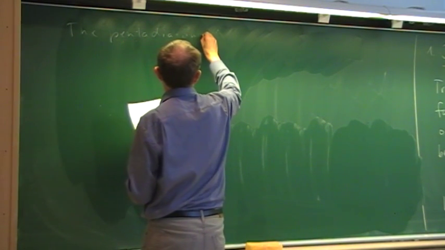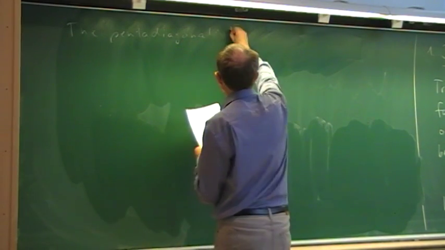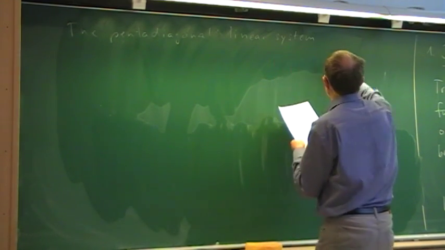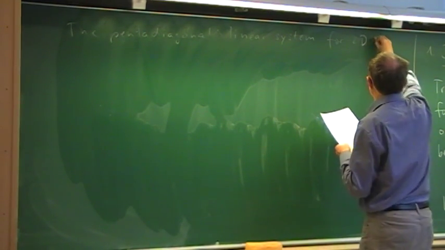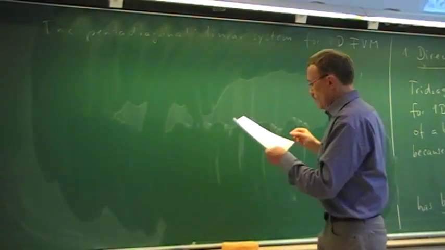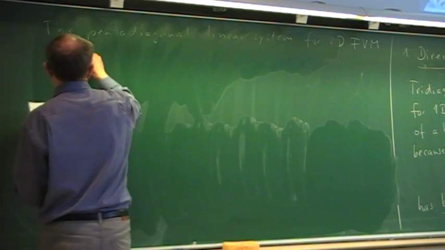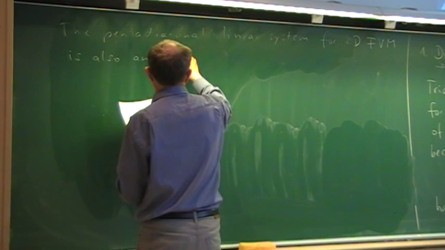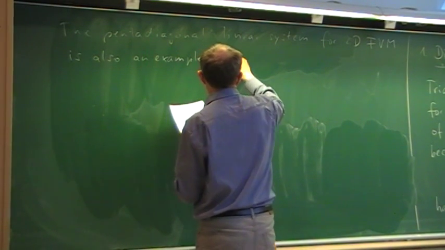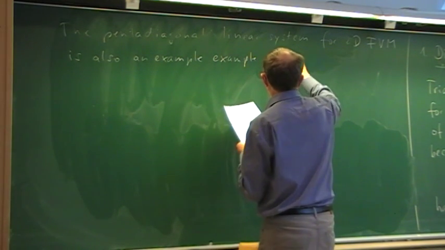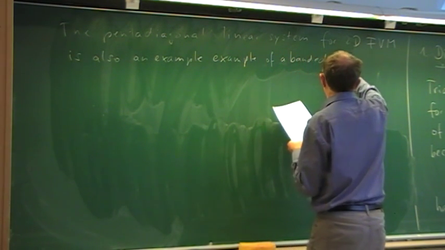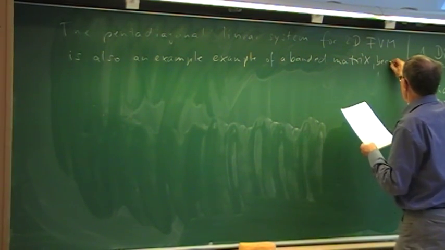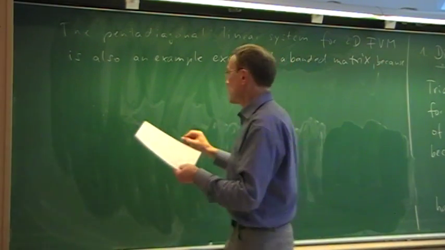The pentadiagonal linear system that we get for the 2D finite volume method is also an example of a banded matrix, because when we look at it, it will look something like that.